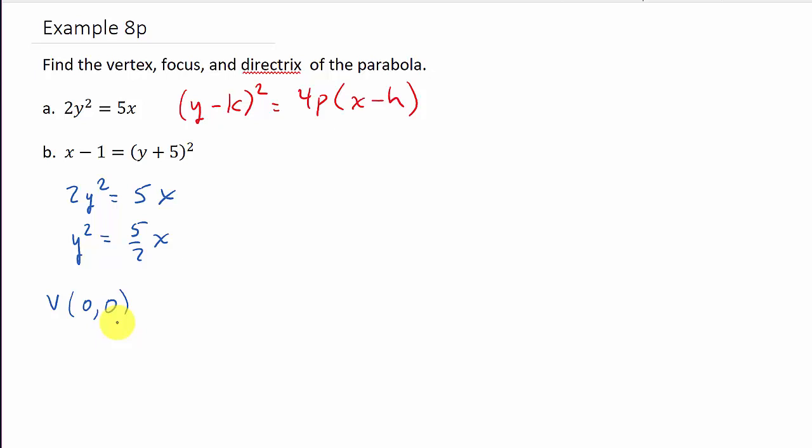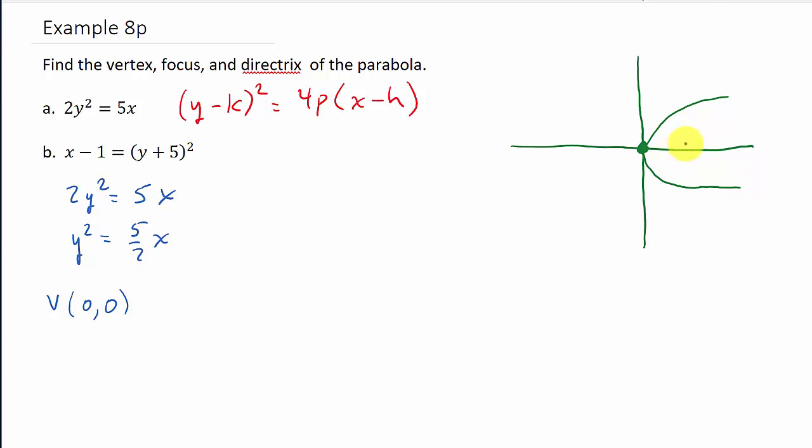Let's go ahead and make a sketch of this and see what we've got. So I'm going to just draw it right here. The vertex is 0, 0. Now the y is squared, and it's positive. So that means this is going to open to the right. Now we need to find our directrix and our focus.